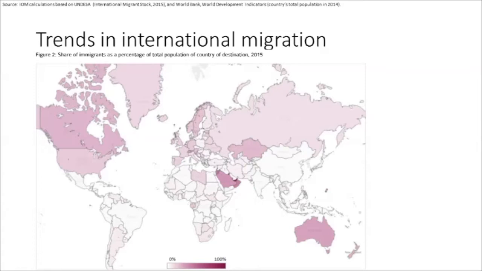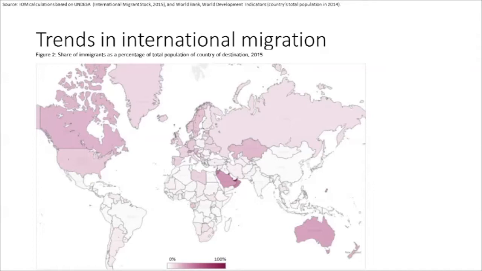In the Middle East, Saudi Arabia and some other countries on the Arabian Peninsula are major receiving countries. That is in part due to the serious conflicts in some other countries like Syria.